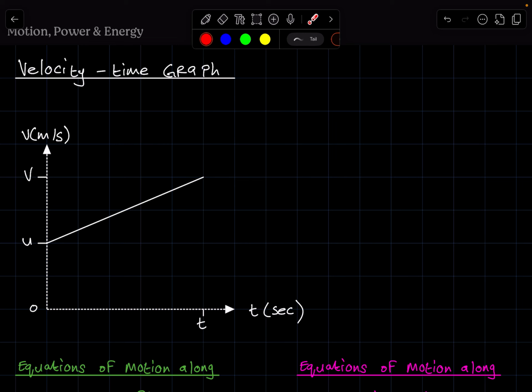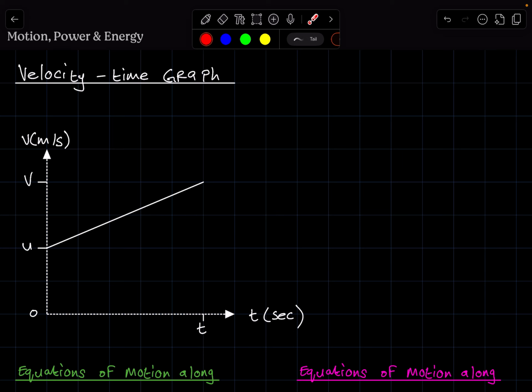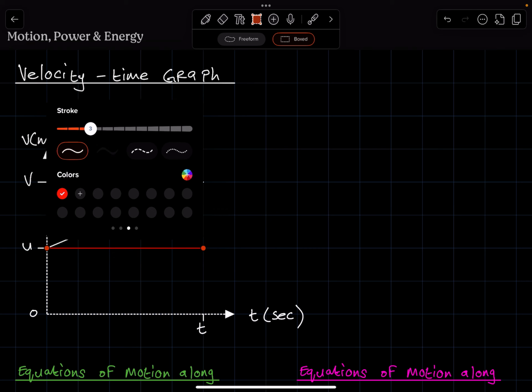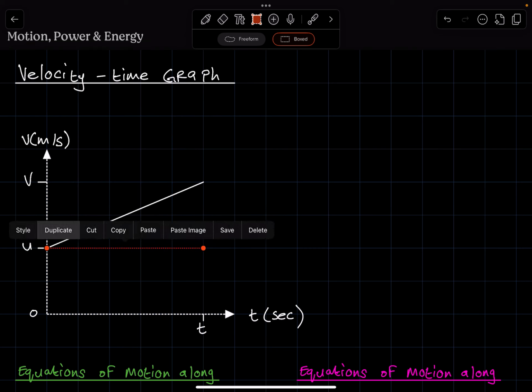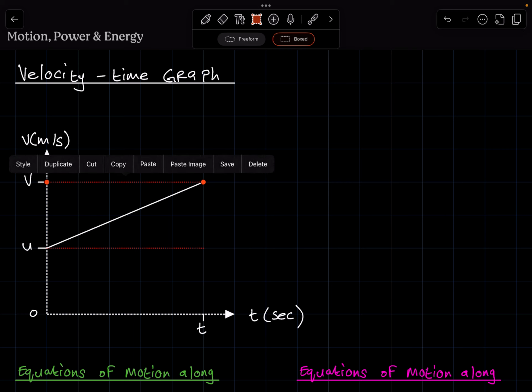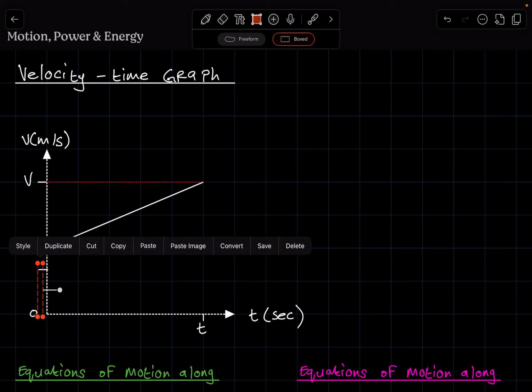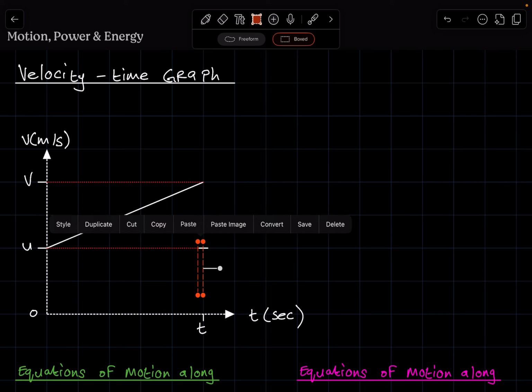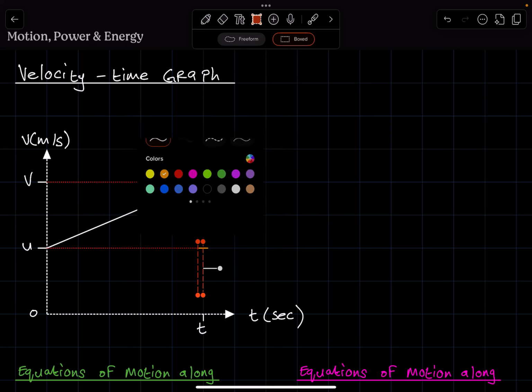Now let us look at how the equations of motion come about by considering this graph. On this graph, as we've said, you have the initial velocity. This here is our initial velocity, and then you have the final velocity. Let's change this maybe to orange.